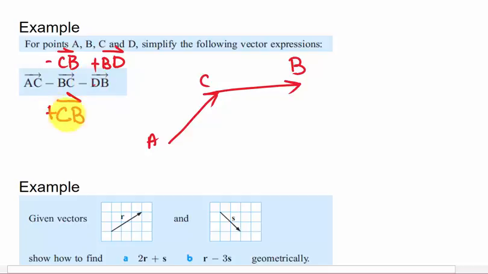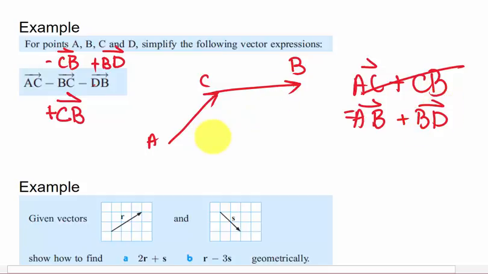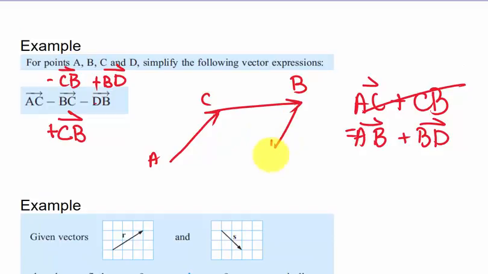So what's happening is if I'm taking AC and I'm adding CB, what do I have? Well, I actually have AB is what it simplifies to be. And then if I'm going to take AB and add BD, let's just say that BD goes here.